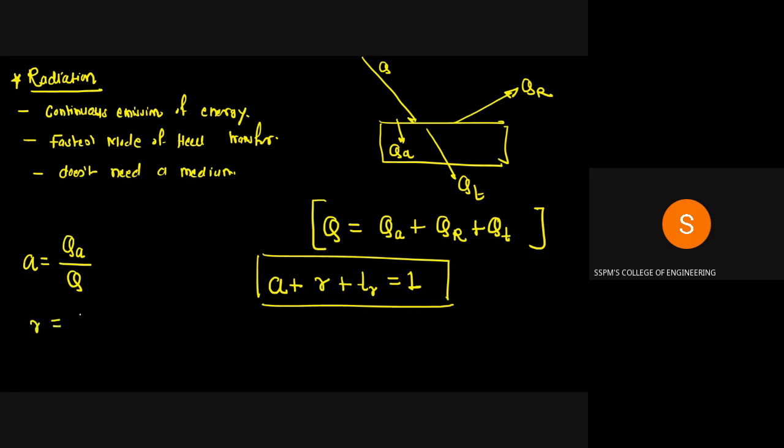Coefficient of radiation R is equal to total heat radiated divided by total heat supplied, and the coefficient of transmission Tr is equal to total heat transmitted through the object divided by total heat supplied. And from this we have the relation A plus R plus Tr is equal to 1.